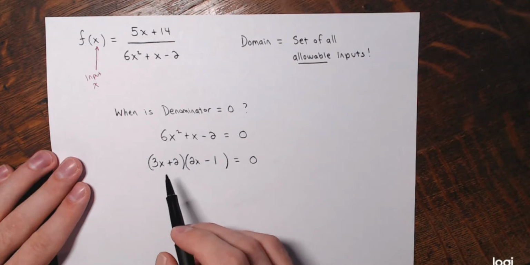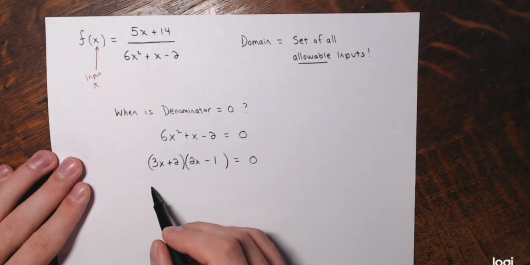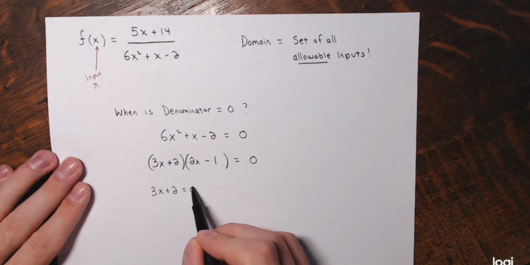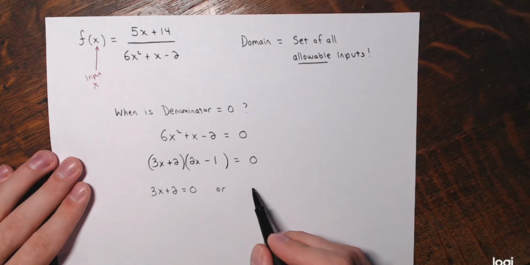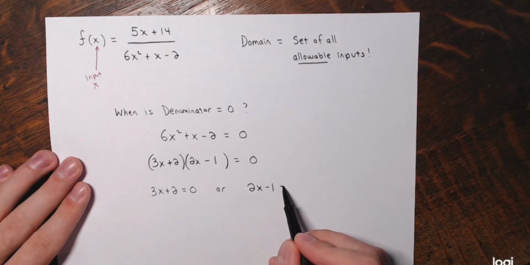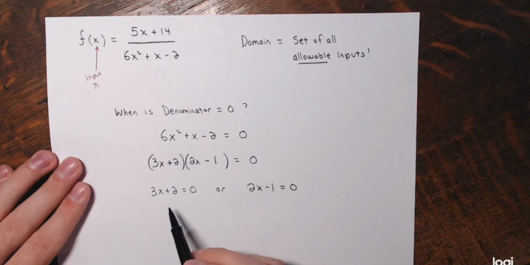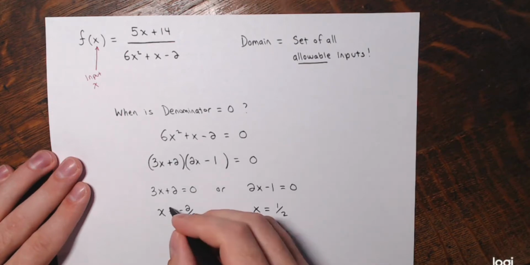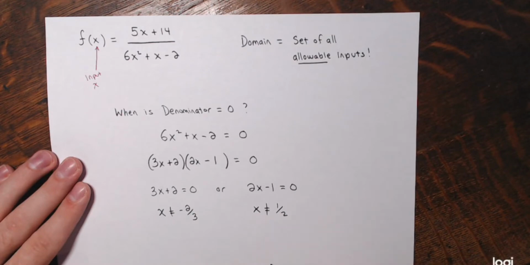And then by the zero product property, either the factor 3x plus 2 is equal to 0, or the other factor 2x minus 1 equals 0, and solving each of these, x equals negative 2/3 or x equals 1/2. And what I'm going to do is put big slashes through these equal signs because these are the values that are not allowed.